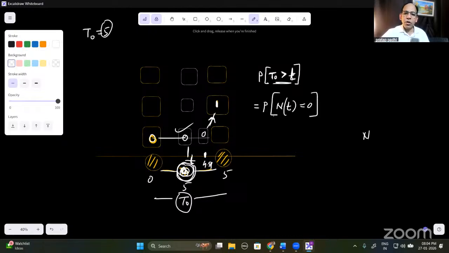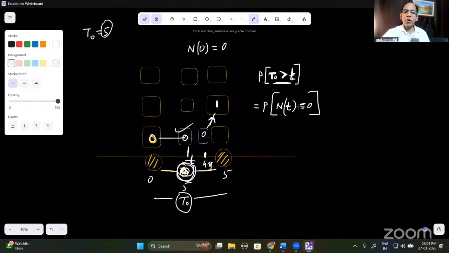Remember, N0 is 0, that is, we are starting from 0. So NT is 0 because up to time T, T is less than T naught, and T naught is the time when I will get my first claim, my first student. So before that, nobody has come.